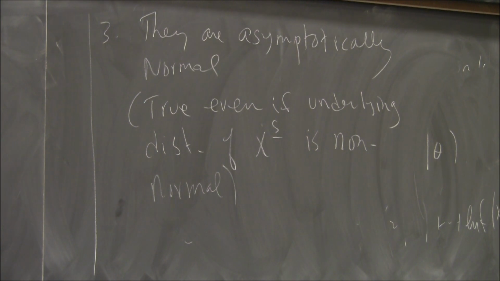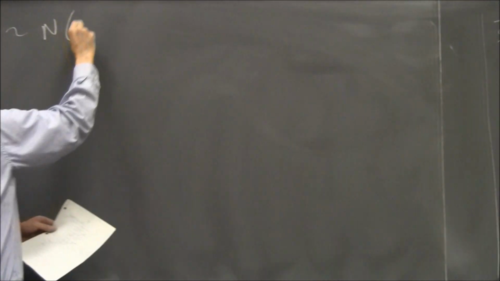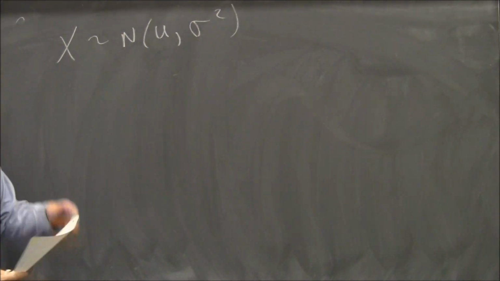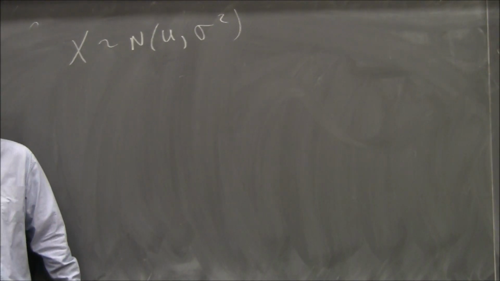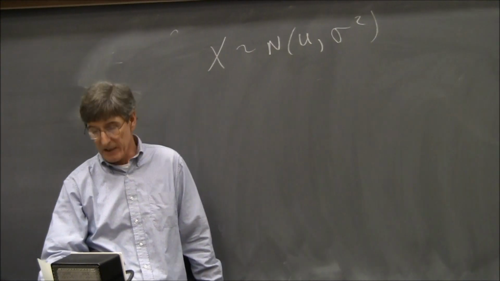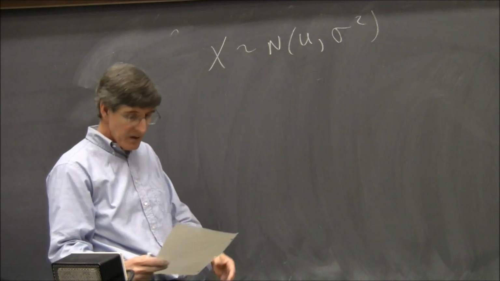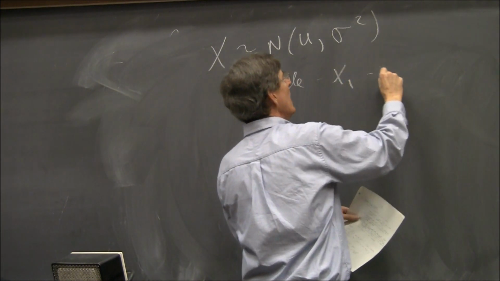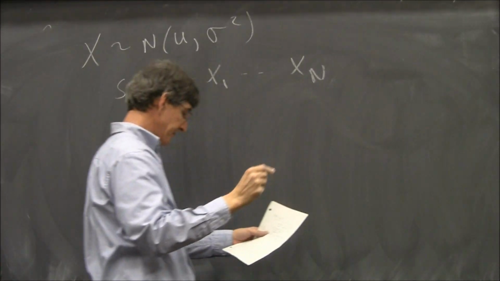Let's let x be normal with mean mu and variance sigma squared. So these are the things we don't know. I'll do a regression example in a minute. I'm going to do non-regression examples, so we're not estimating betas yet. We're estimating something else. Suppose we have a sample from x1 to xn.